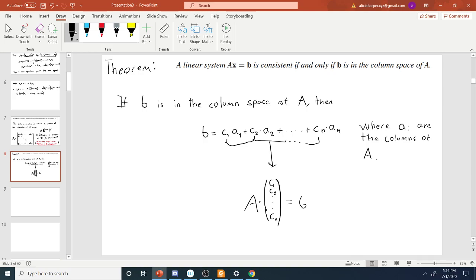So this shows that if b is in the column space, then Ax equals b is solvable, aka consistent.